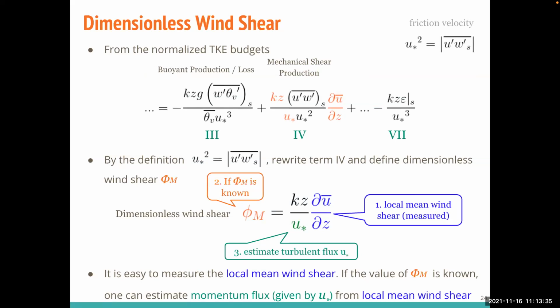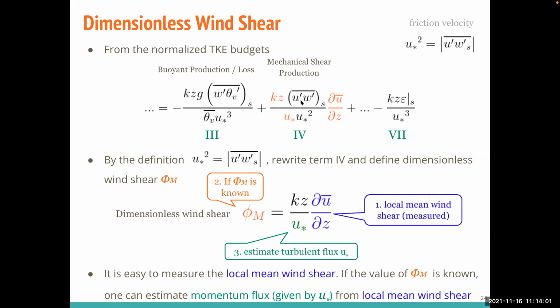Okay, so now we have the normalized TKE budgets here, right? So similar to term 3, we have already dealt with this term, right? We have dealt with term 3, C here, and then we extract everything else as the big L, right? And here, if we focus on this shear production term, this one is the momentum flux.